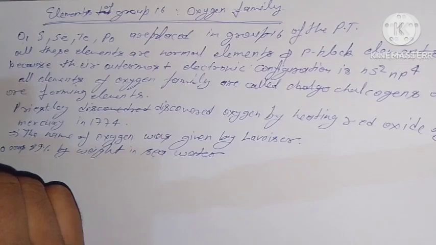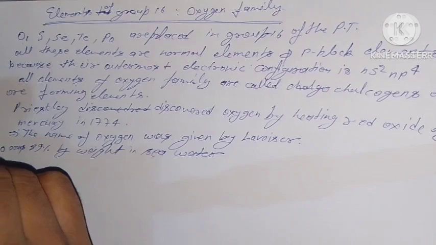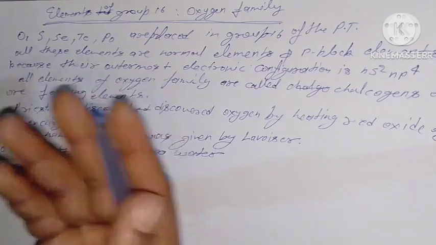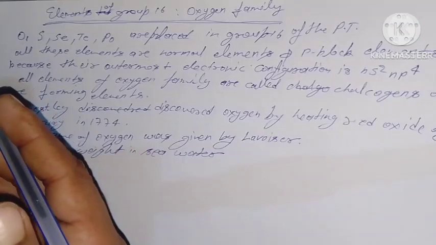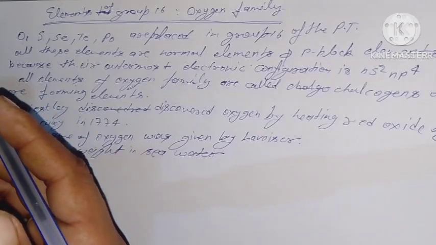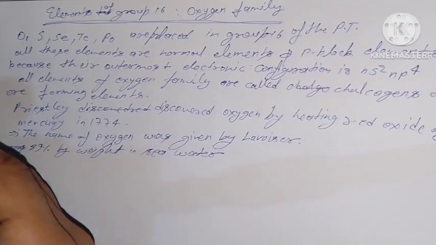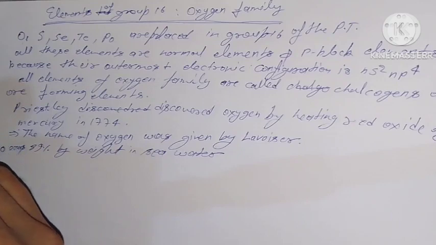Sulphur is widely distributed in nature, both in the free and in the combined states. In the combined state, sulphur occurs as sulfide ores. Sulphur is present in coal in small quantity. The other elements of the family are found in much lesser quantities in the Earth's crust.